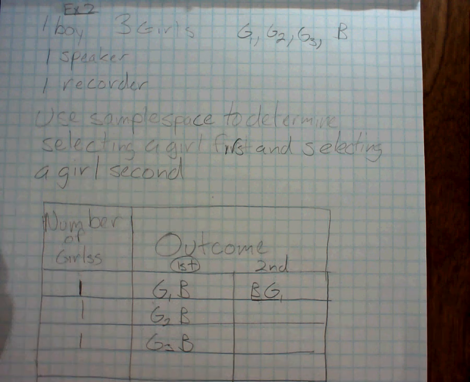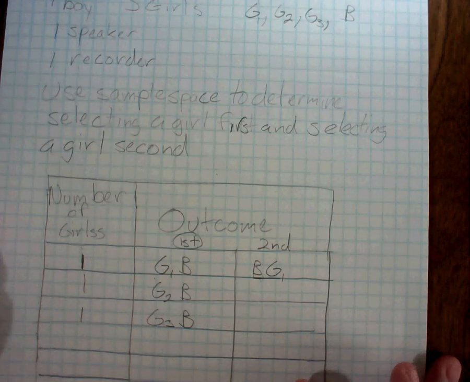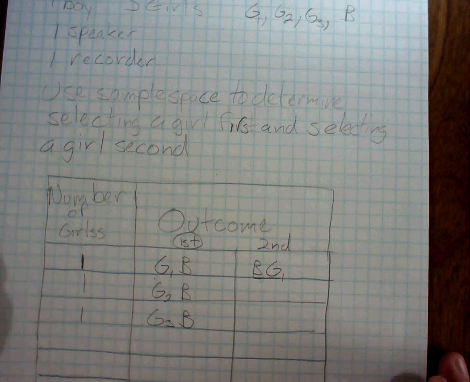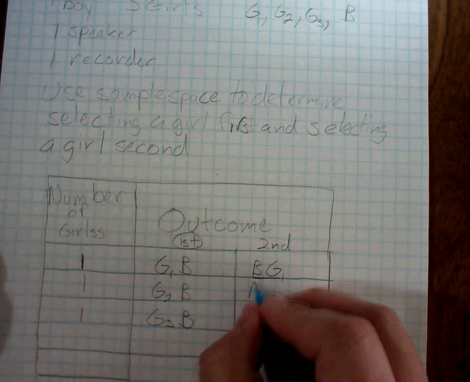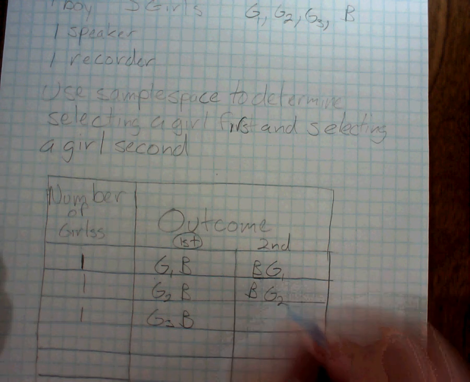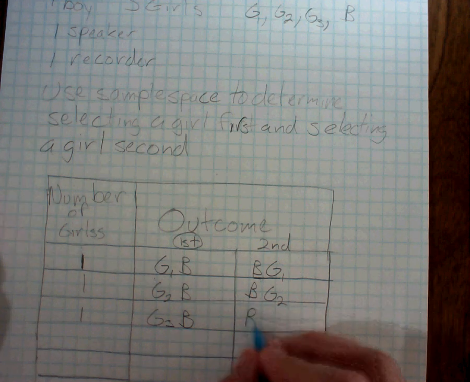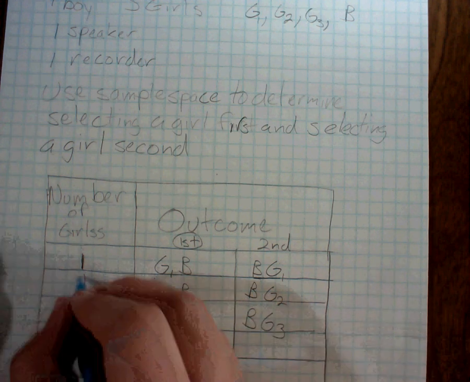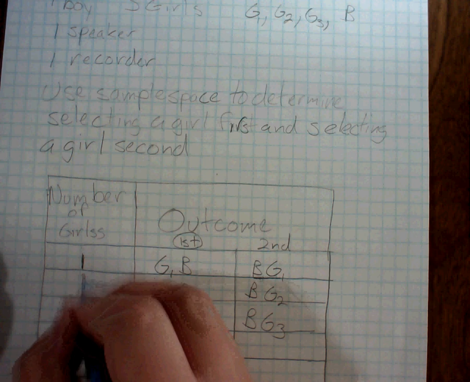If order doesn't matter, that's a possible. In other words, I could pick a boy first if I randomly select them, like maybe I have a spinner that randomly chooses. And then I could have the boy and the second girl and the boy and the third girl. So those are my scenarios for having only one girl.